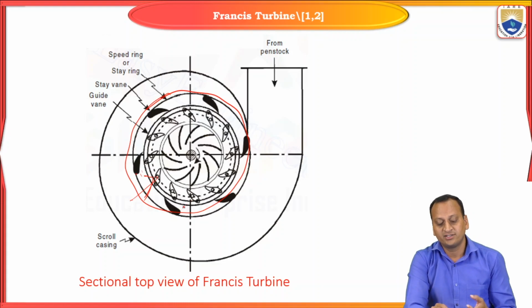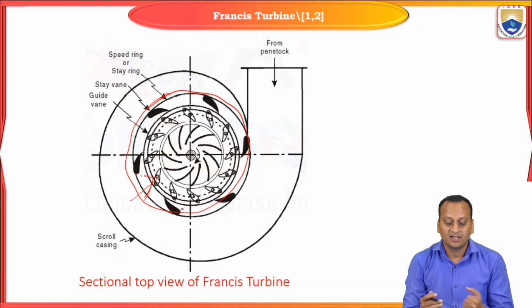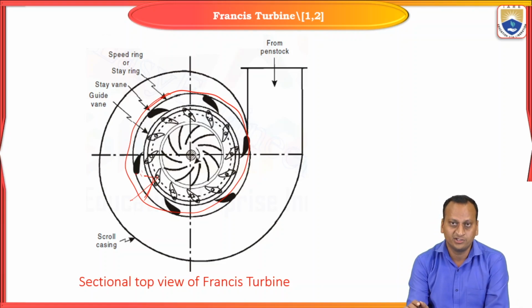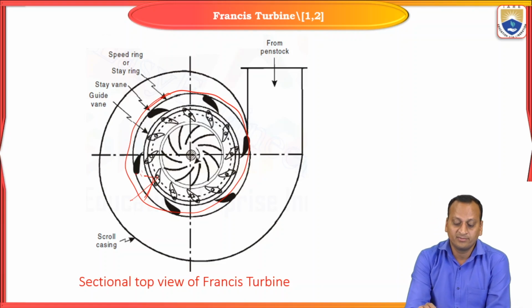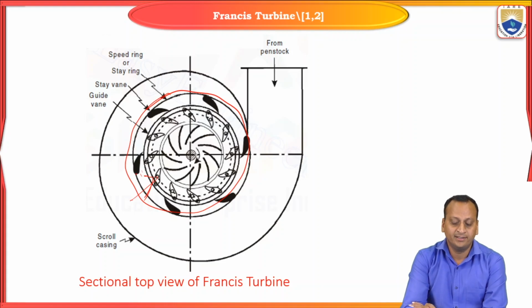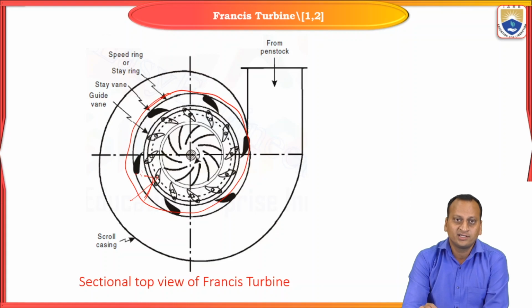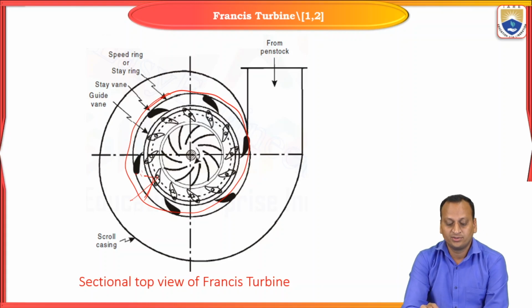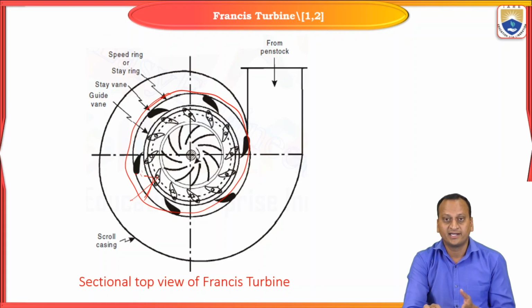The guide vane mechanism will be controlled directly with the help of a governing mechanism. With the help of the governing mechanism, the amount of water required by the turbine can be varied. In power plants, based on the demand of power from outside, it will be regulated automatically. The angle between the guide vanes will be closed or opened based on the requirement.